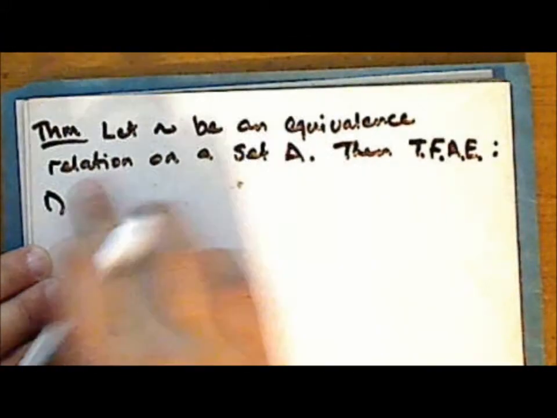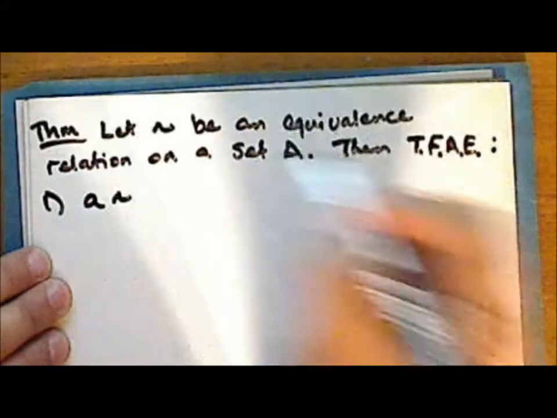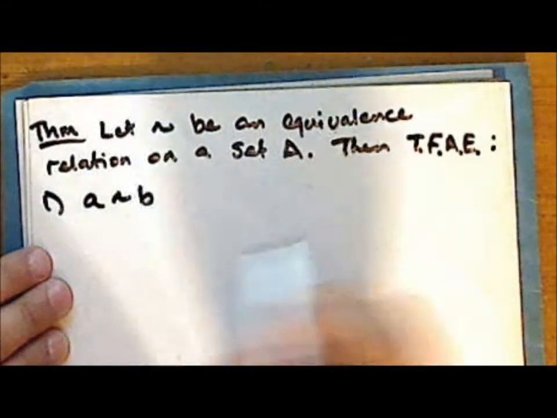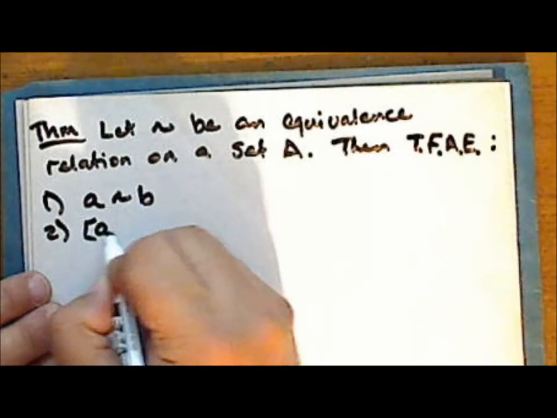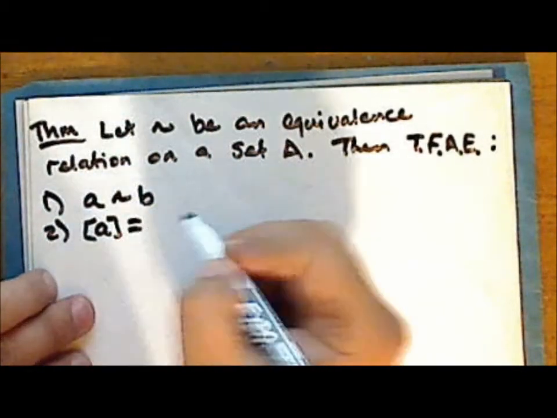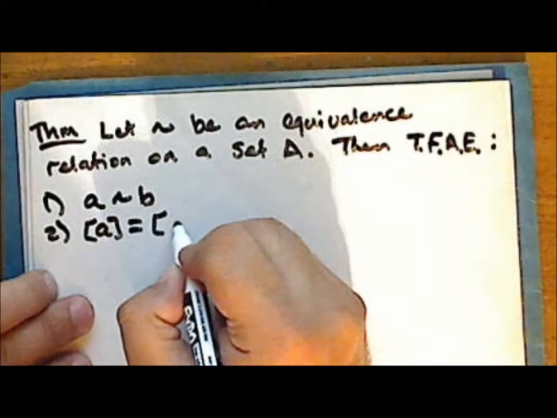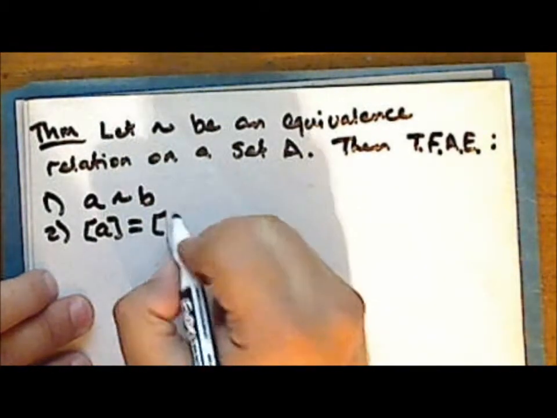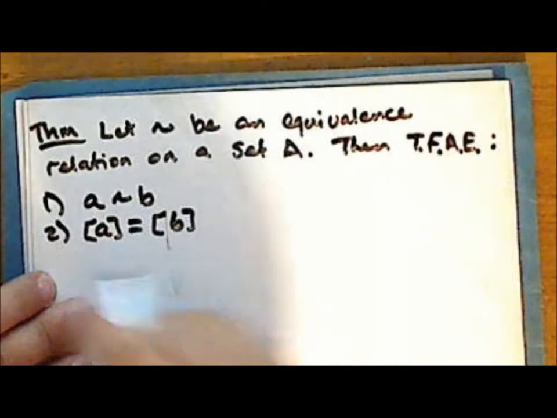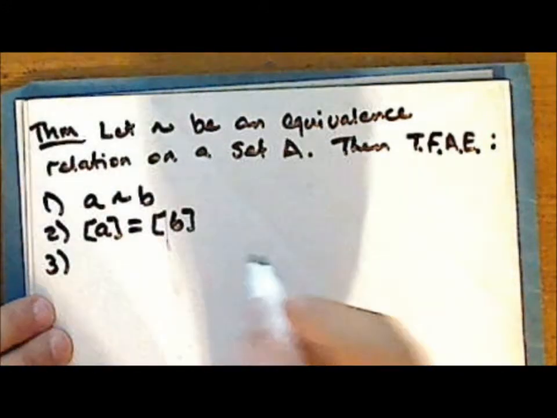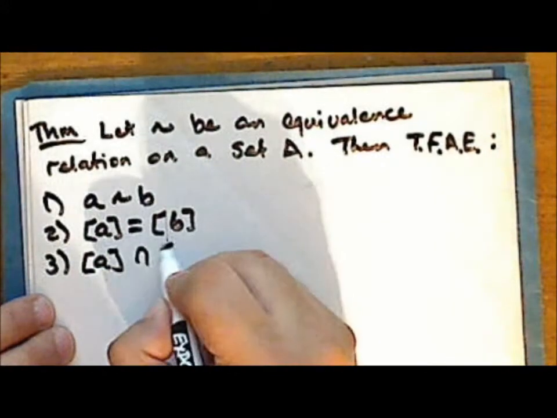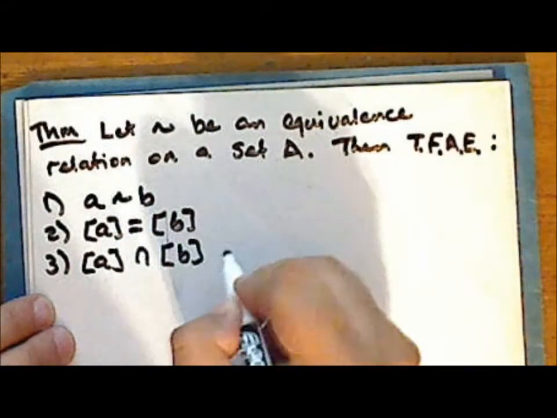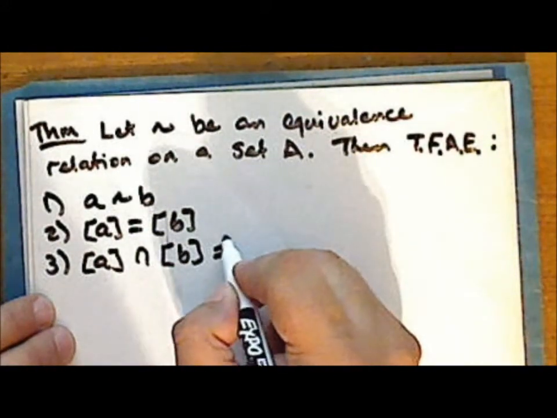Getting ahead of myself, two, a is equivalent to b. And three, the intersection of the equivalence class containing a with the equivalence class containing b is not empty.